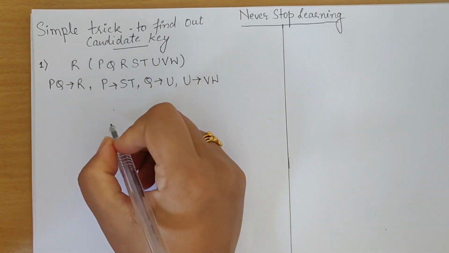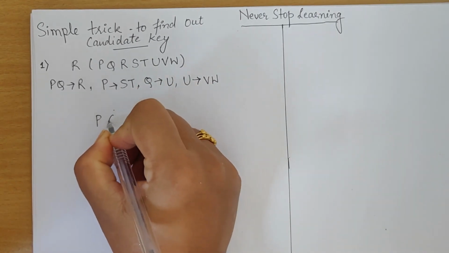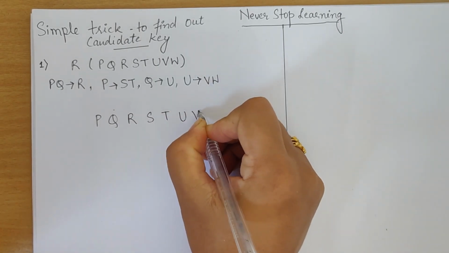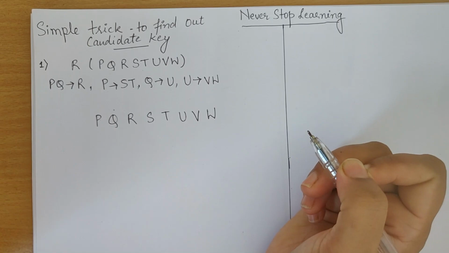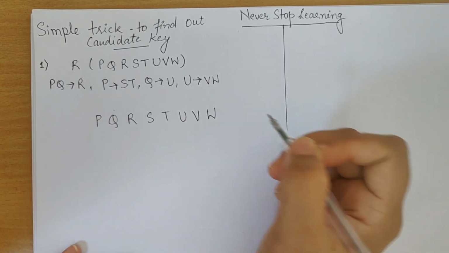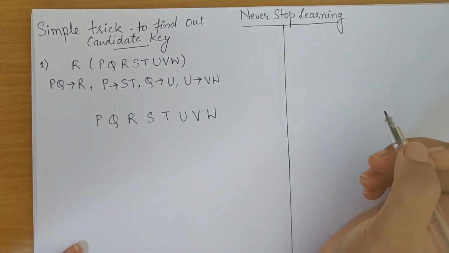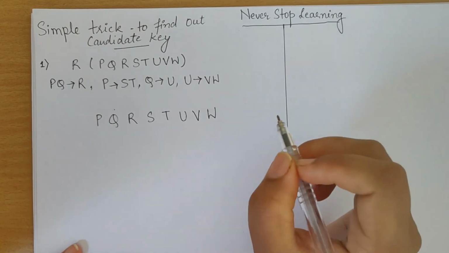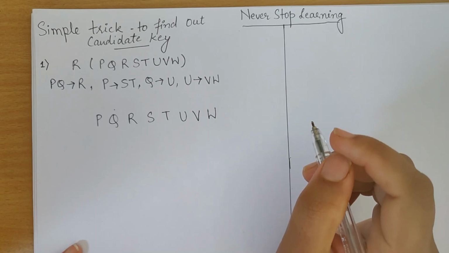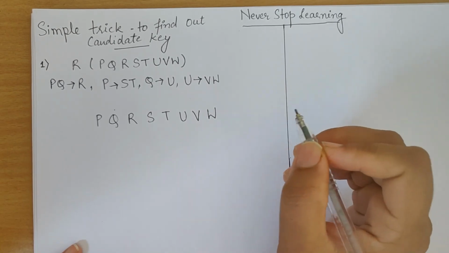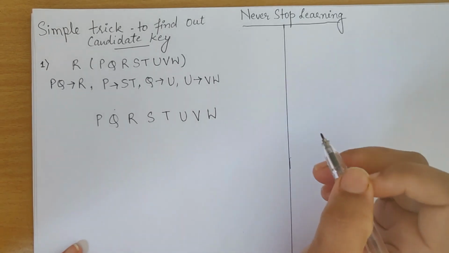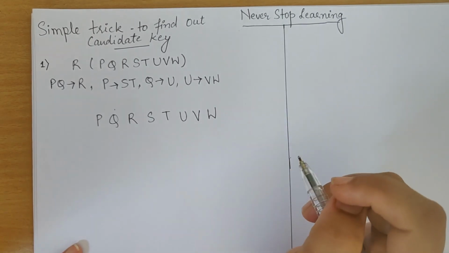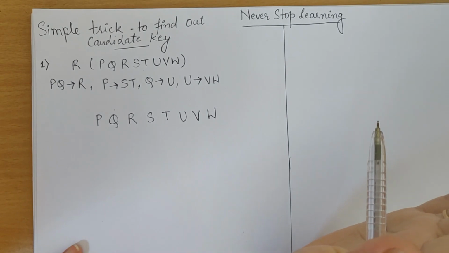Who are the actors for this relation? P, Q, R, S, T, U, V, W. These are the actors for this show. And out of them we have to find out the director. Now how to find out the director? The one who is sending directions to others and not having any incoming direction on himself will be the director, and the director is the most important person.